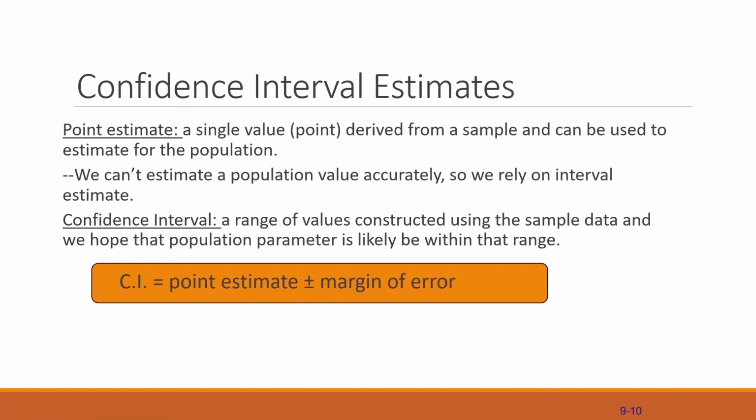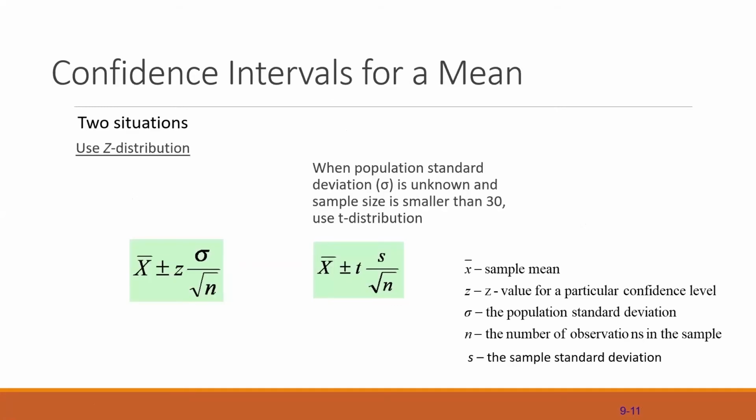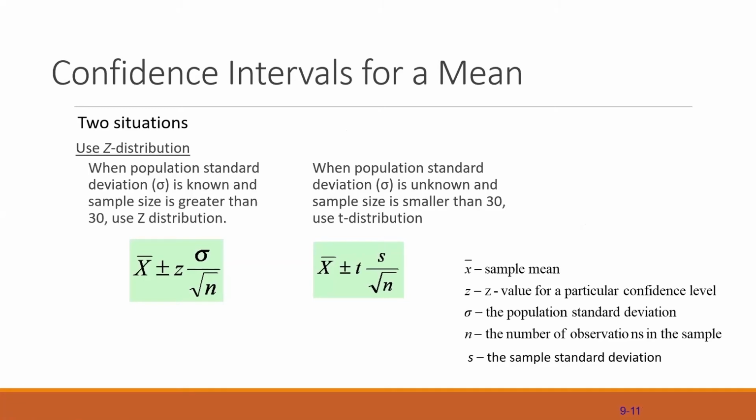But if we add a buffer, or margin of error, on each end of that sample mean, the range will most likely include that actual population mean. I know this is kind of abstract, right? So I've got a more concrete formula for you to look at.